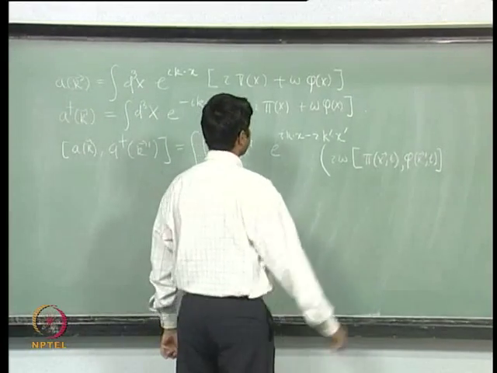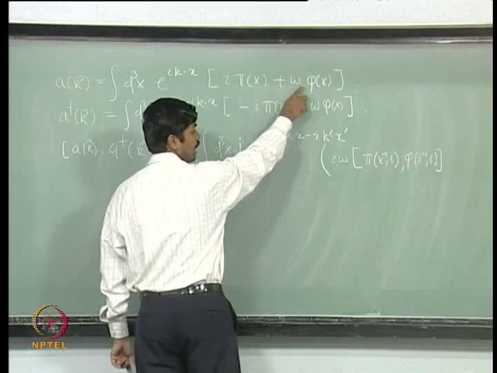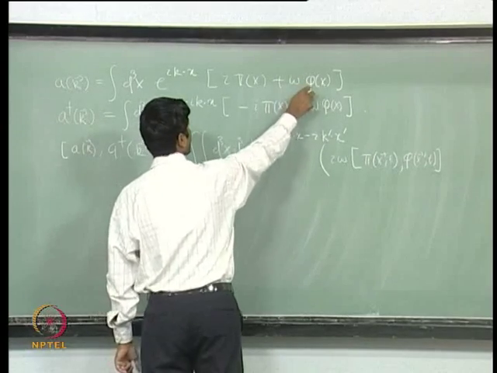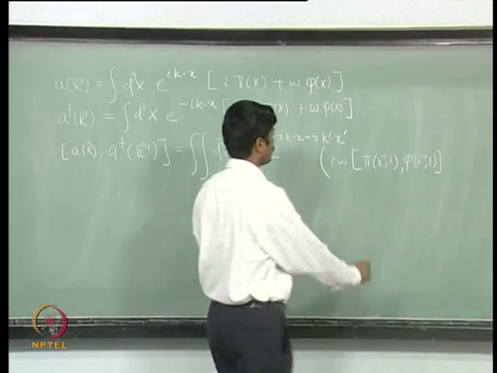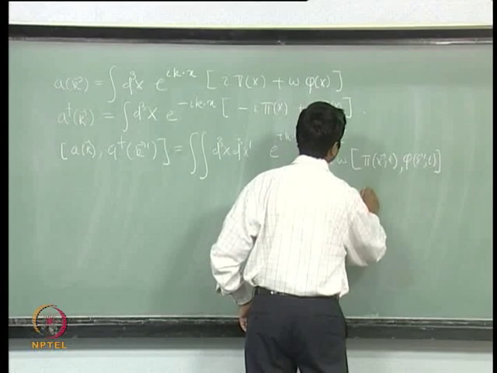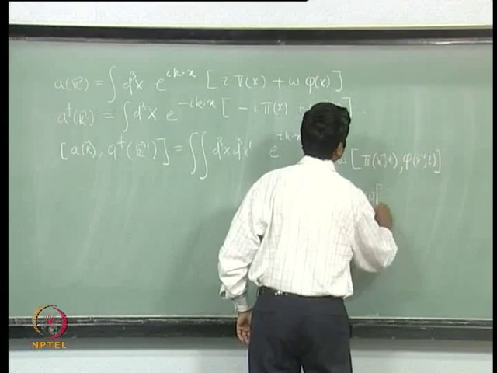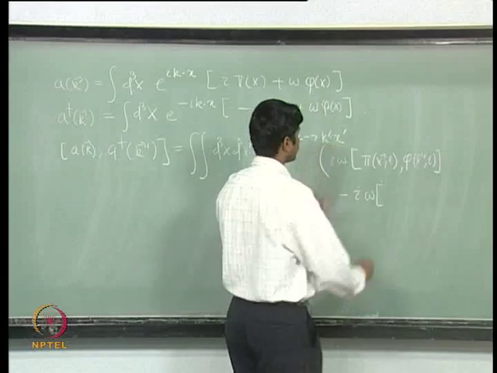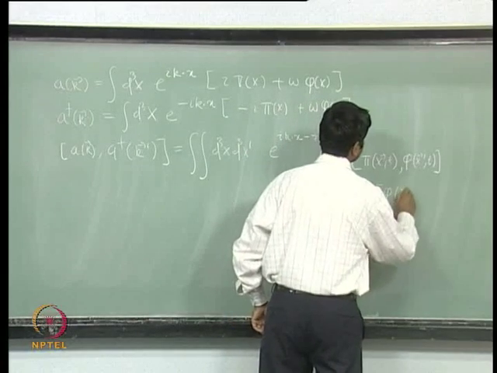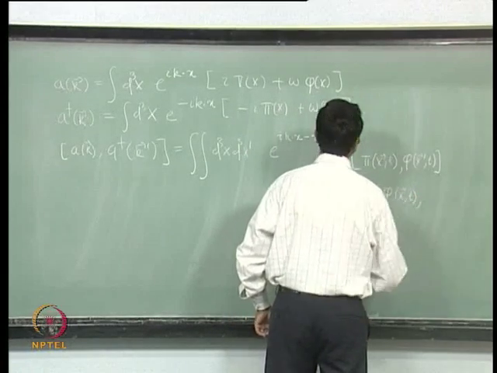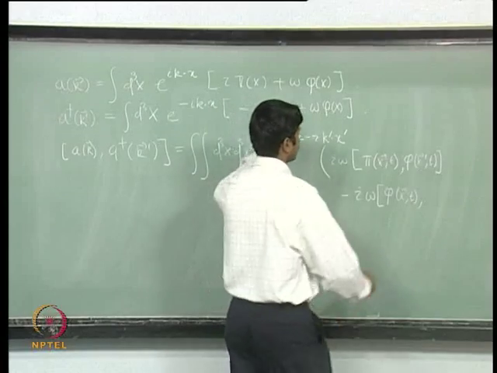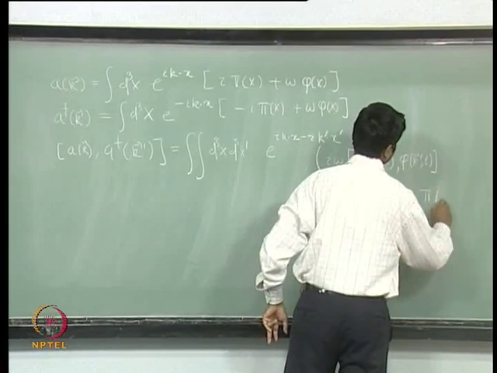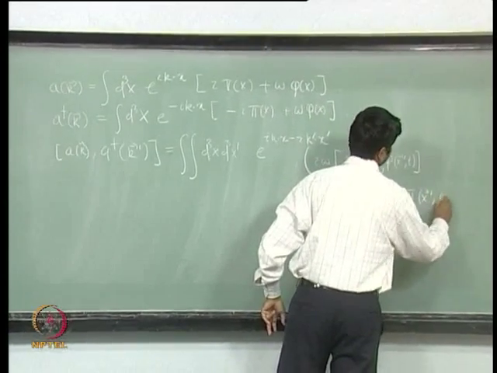And similarly, here I will get minus i omega times the commutator of phi(x, t) and pi(x prime, t).